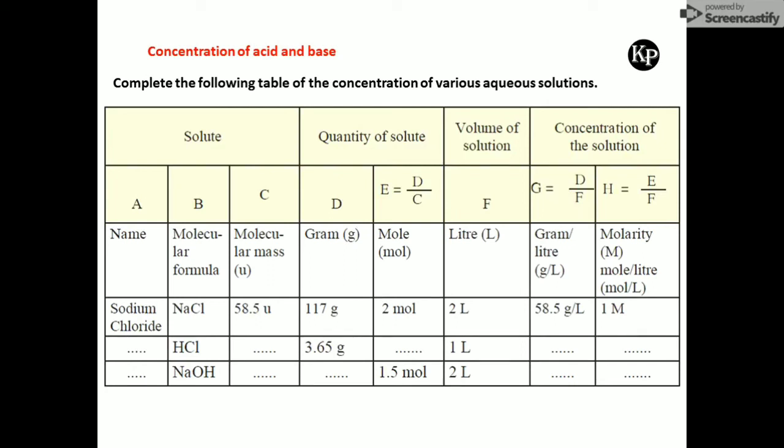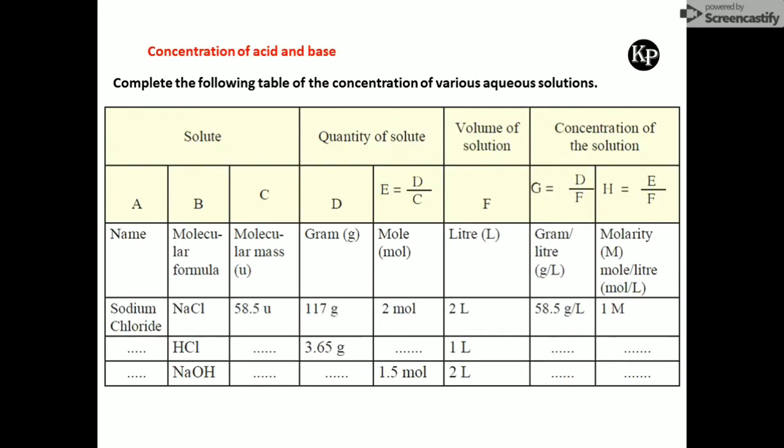So how many moles? Moles is calculated by gram upon molecular weight, which gives 2 mole. The volume of solution is 2 liter. So the concentration of solution in gram per liter will be 58.5 gram per liter, and in molarity 1 molar, which can be calculated using the above formulas.